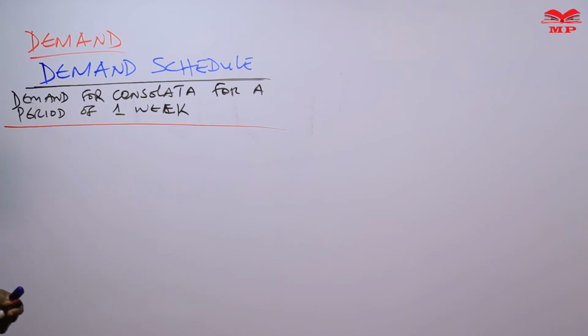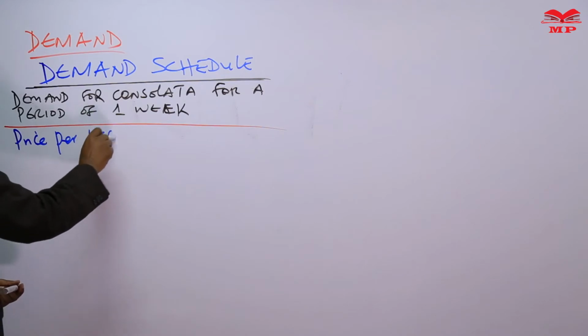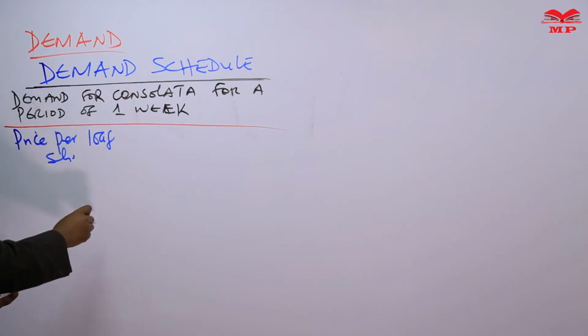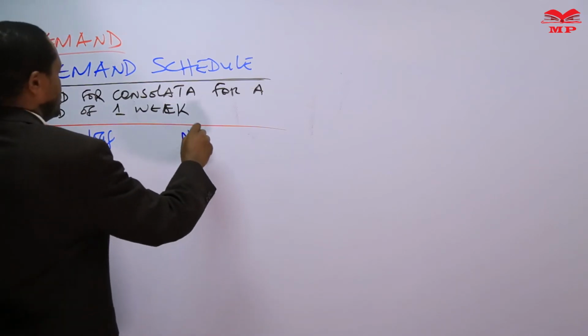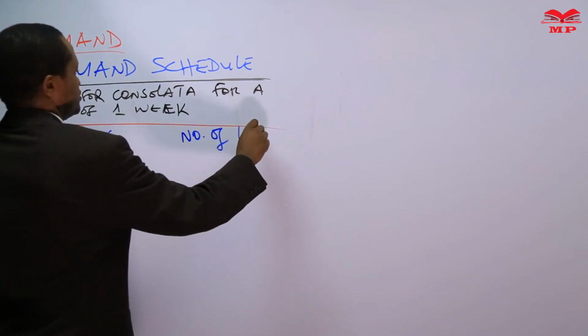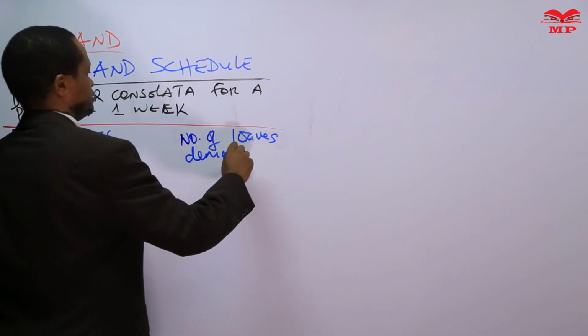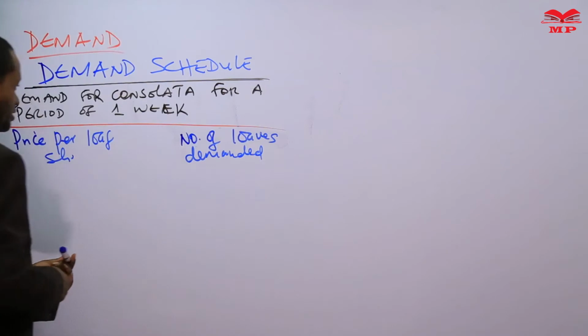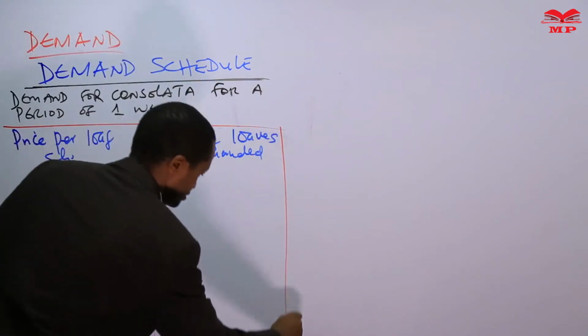The first column is price per loaf, and this price is in shillings. Then we have, on the other, the number of loaves demanded by Consolata. So these are the two main columns.